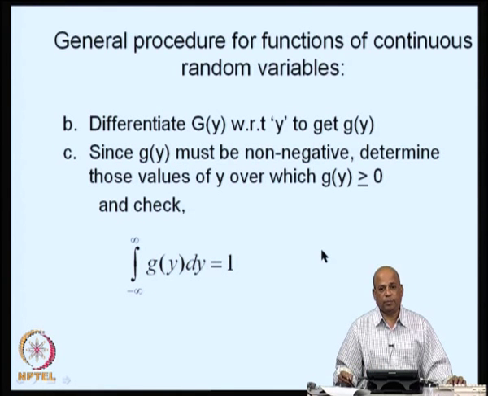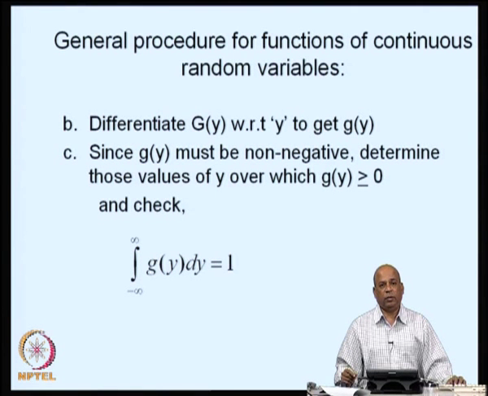and then we examine over that particular range whether the integral of g of y is equal to 1. So, the procedure is simple: from the range space of x, we obtain an equivalent event of y being less than or equal to small y, and then get the CDF of y, which is capital G of y, and differentiate it to obtain the marginal density small g of y.